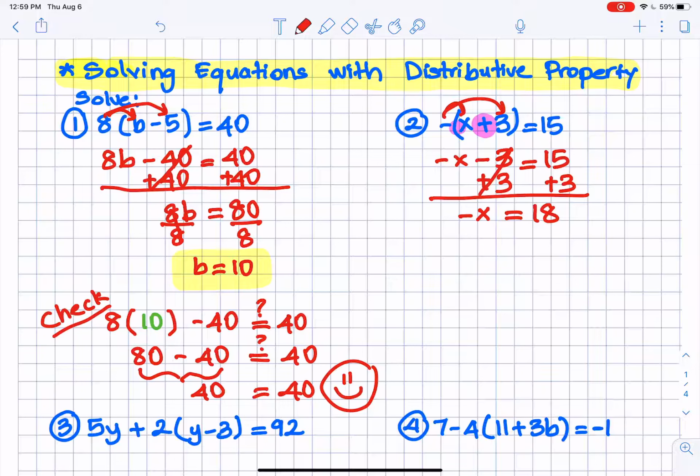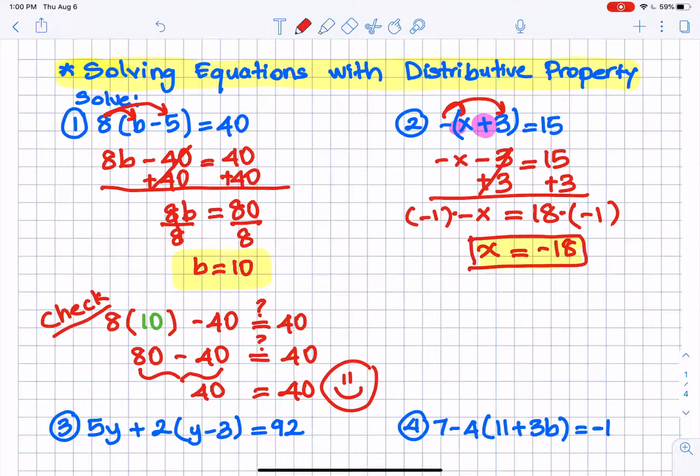So I'm going to multiply both sides of the equation with negative 1. That's multiplication. And then negative times negative is positive, so it's going to be just positive x, or just x, equals negative 18. This is going to be our correct answer.